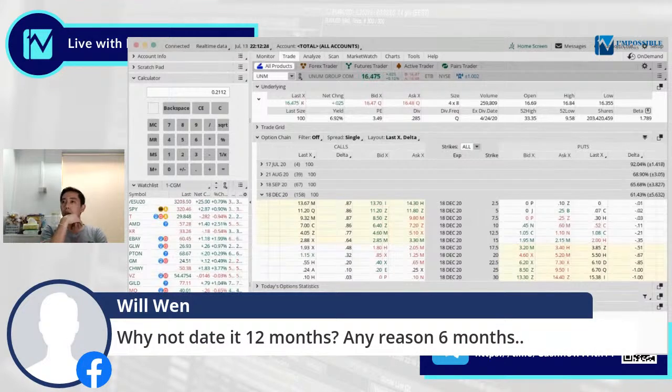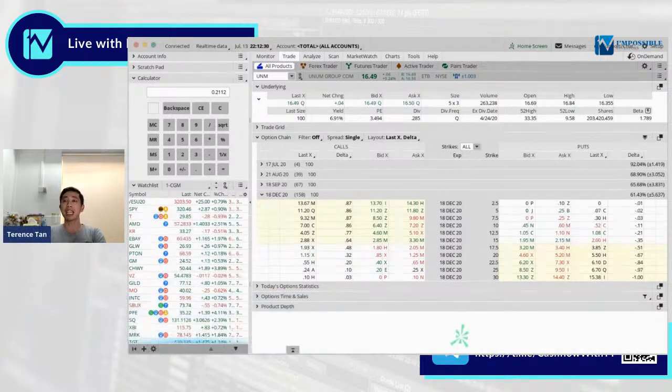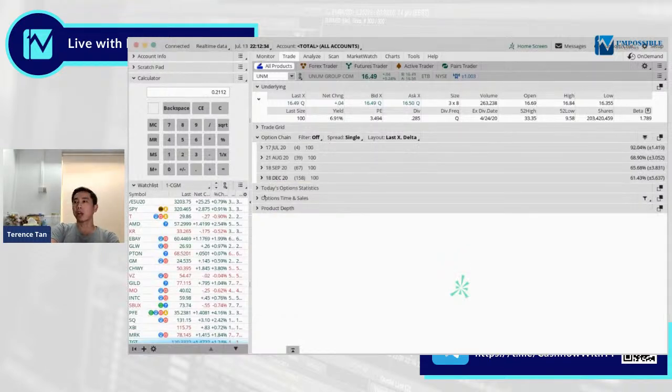Will, welcome over here. Why not date it 12 months? Any reason for 6 months? There is, Will. I'm limited by choices. As you can see over here, as I close up the December option, it's not a very highly option traded stock. There are limited expiries being offered on the stock, with the longest dated one only available to December.